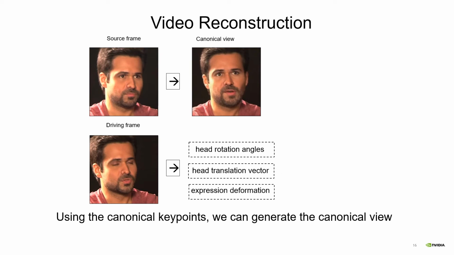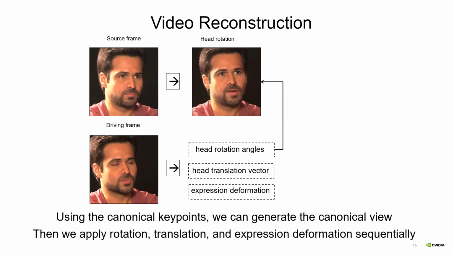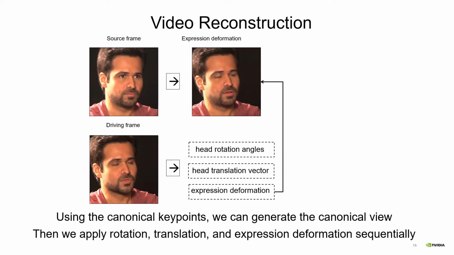Okay, now let's show how these quantities change the reconstruction. Apply the head rotation, we rotate the person to the right angle, and apply the translation, we put the head in the ideal location, and then we apply the expression, then we reconstruct the face.